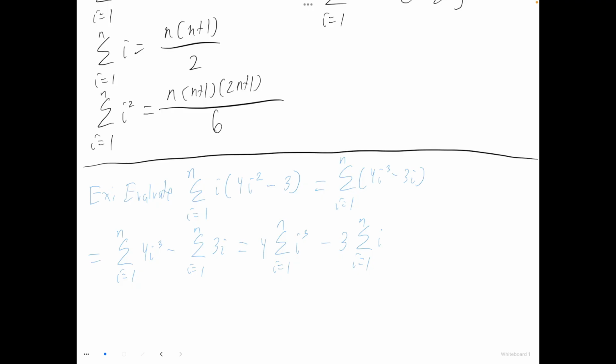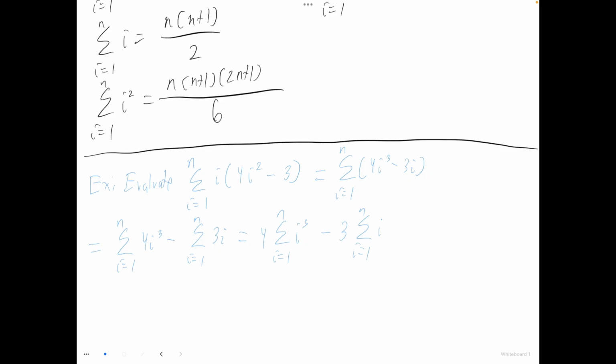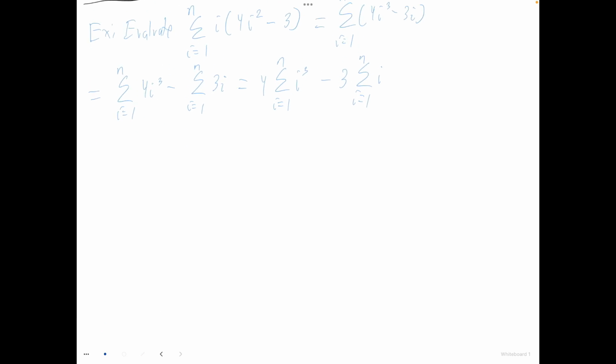And now we're just going to use our formulas. We know how to do the sum of i cubed. I told you what it was. And we computed the sum of i earlier. And so using our formulas, this is 4 times [n times (n plus 1) over 2] all squared minus 3 times the sum of n times (n plus 1) over 2.